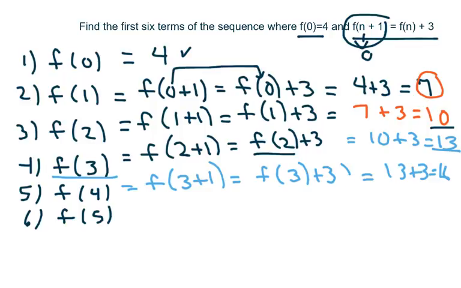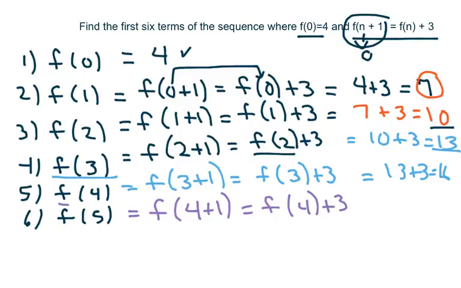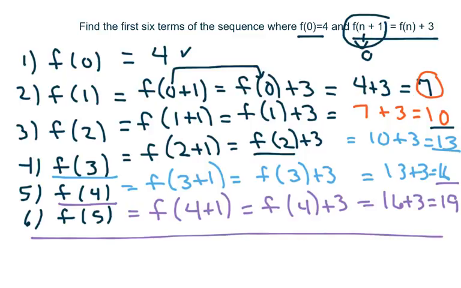And again, I did this little thing here. And now the last one is f of 5, so I'm going to let n be 4. That gives me f of 4 plus 3. F of 4 equals 16, so I get 16 plus 3, and that gives you 19. And that's basically the simplest that you can get on that.